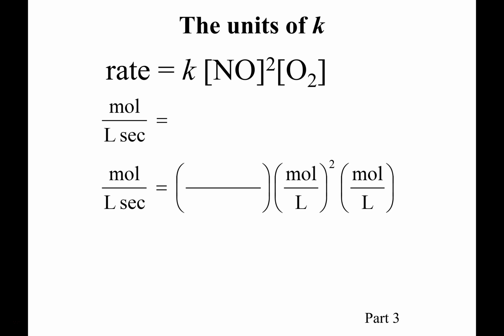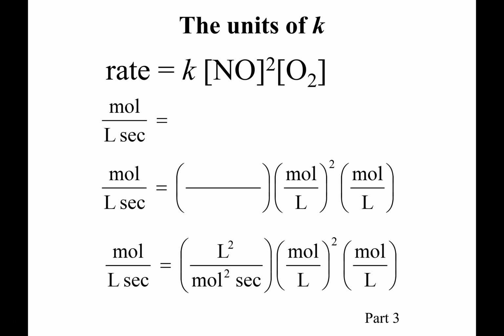So in order for that to be, we basically have to have moles squared at the bottom, liters squared on the top, and seconds in order to get what we need for our rate.